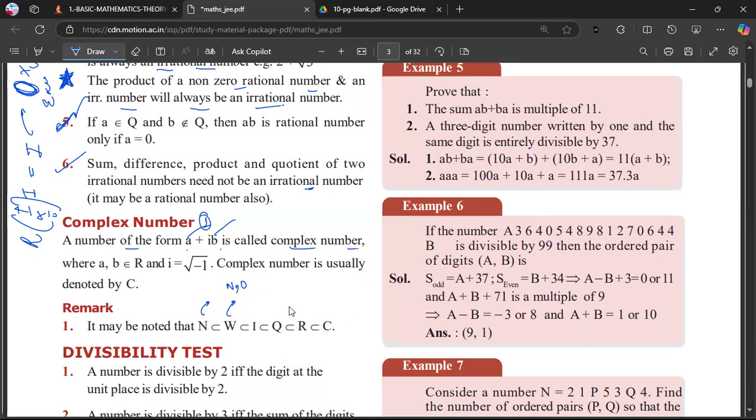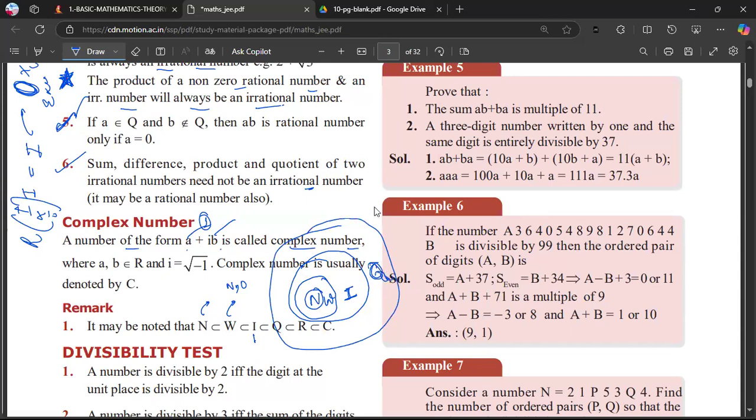Let me draw a Venn diagram for you. Natural numbers are there, and in whole numbers there are natural numbers. When we talk about integers, in integers there are whole numbers as well, and in whole numbers there are natural numbers. And integers are included in all the rational numbers.